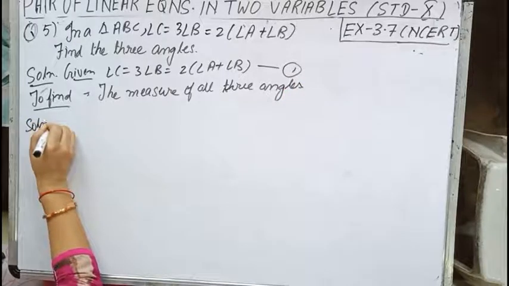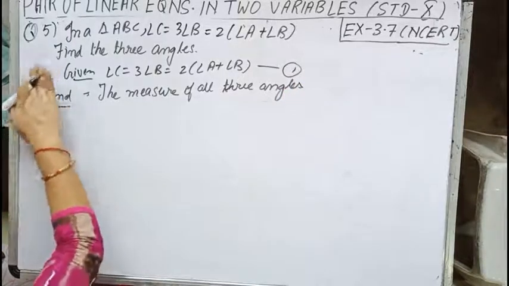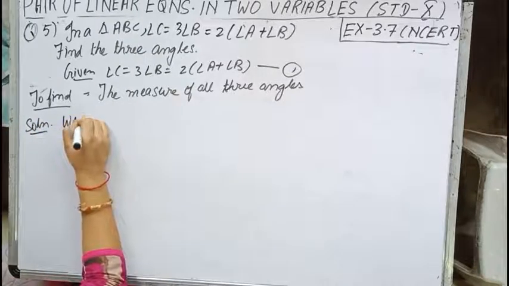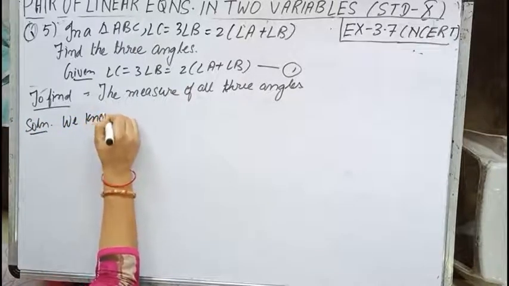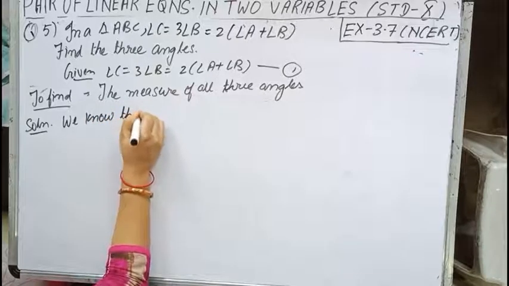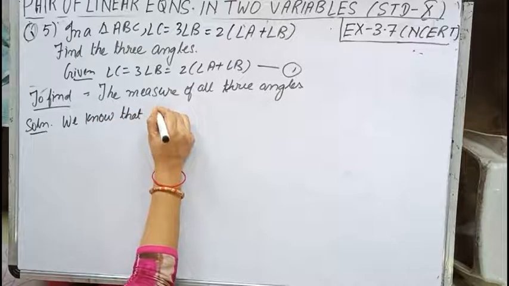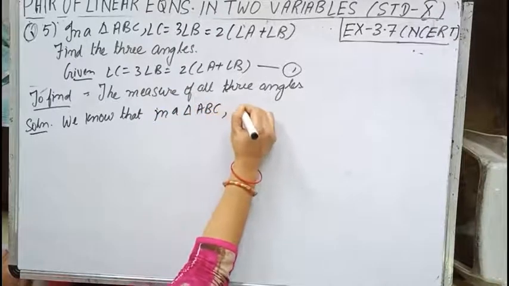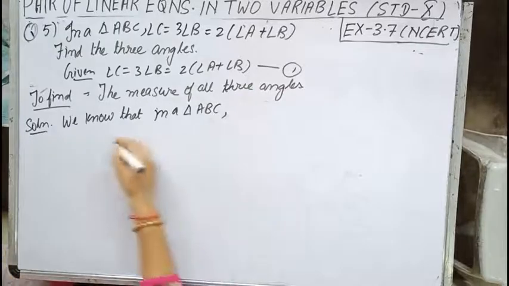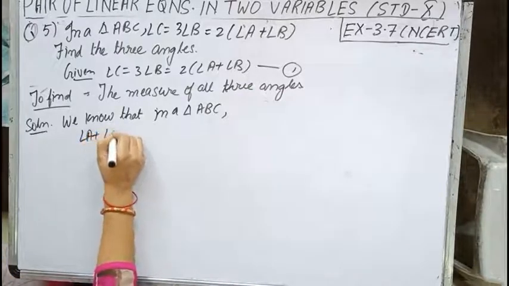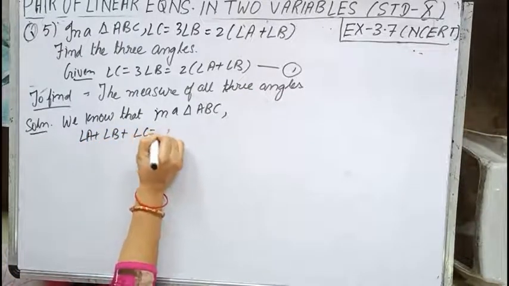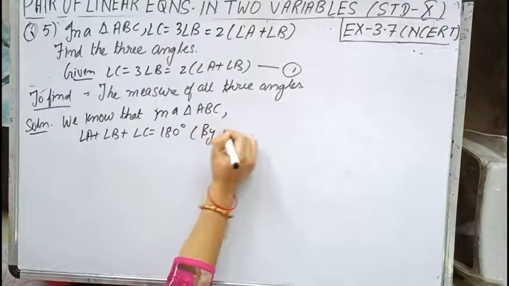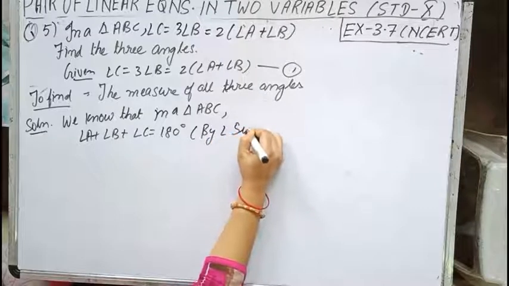So in solution part, we know that in a triangle ABC, angle A plus angle B plus angle C equals 180 degrees by angle sum property of a triangle.